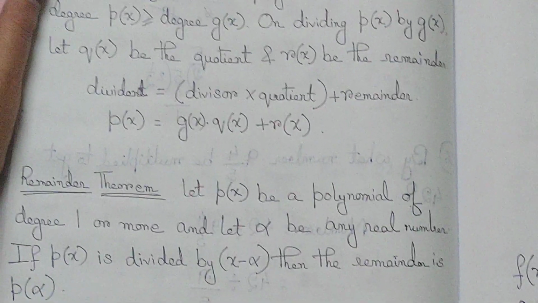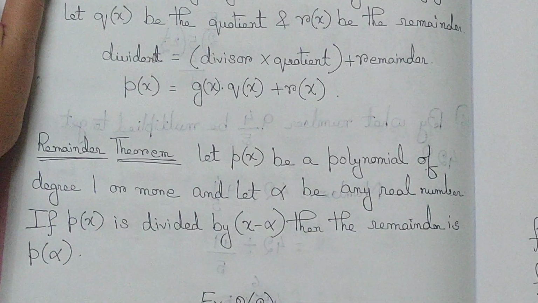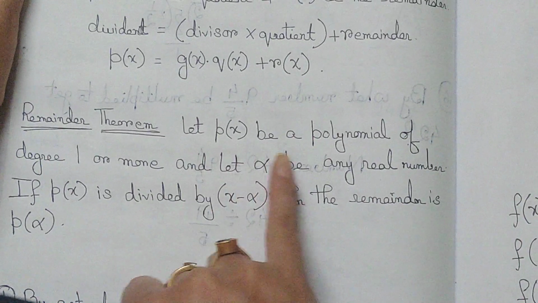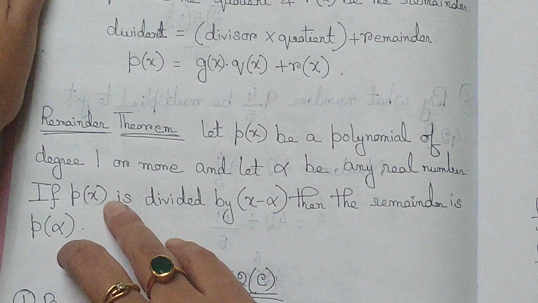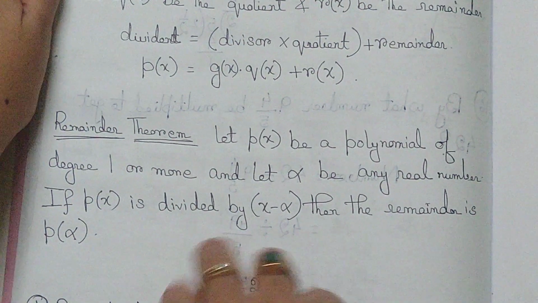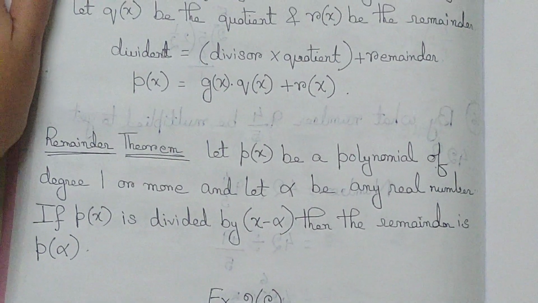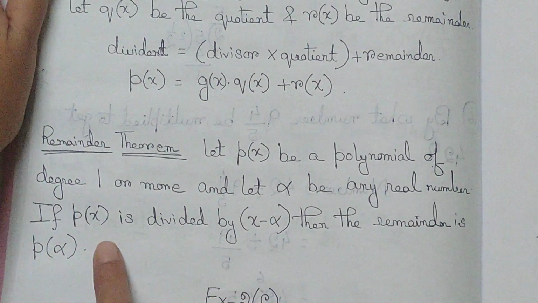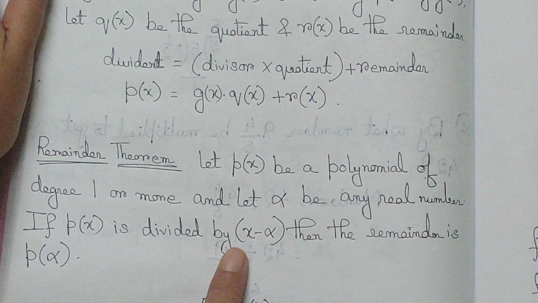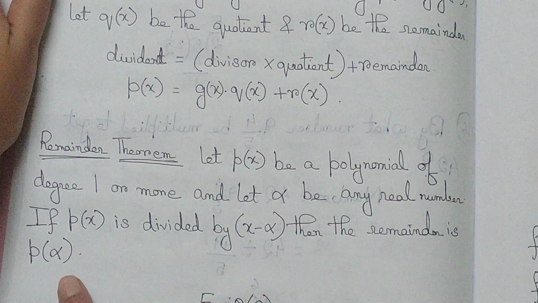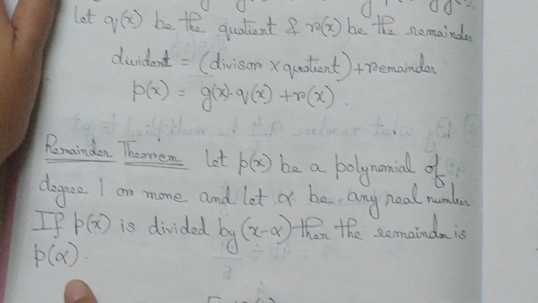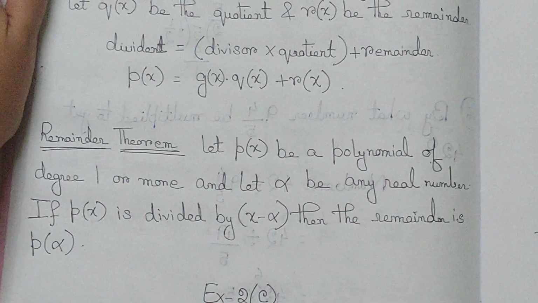Now let us come to the remainder theorem. Let p(x) be a polynomial of degree 1 or more, and let alpha be any real number. If p(x) is divided by x minus alpha, then the remainder is p(alpha). This is the statement of the remainder theorem.